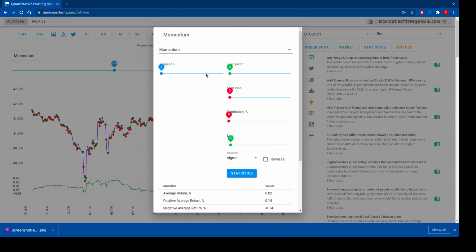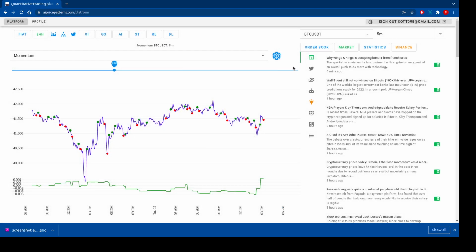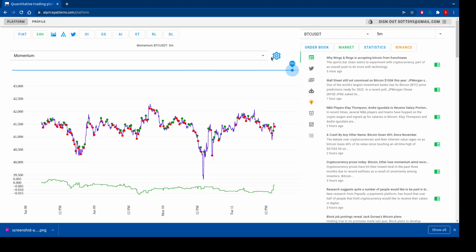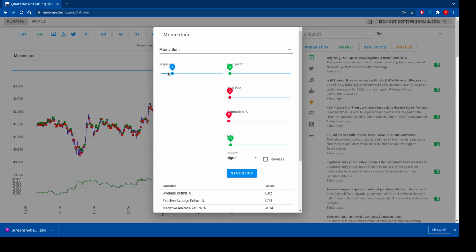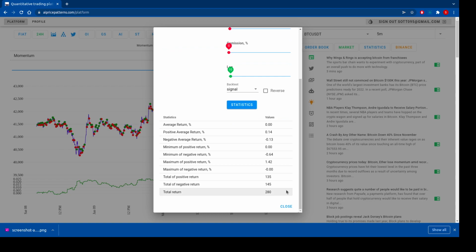For example, let's check another sequence. Let's check 2. No, it's not working. Let's increase the number of bars. Okay, it's not working now. Let's check 2. Okay, it's working maybe. Let's see.